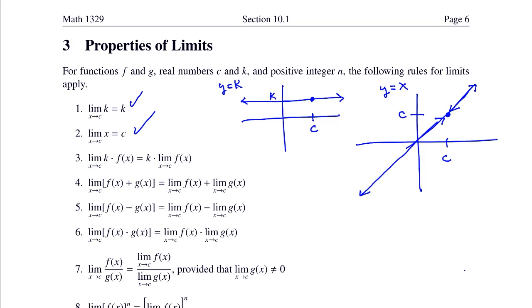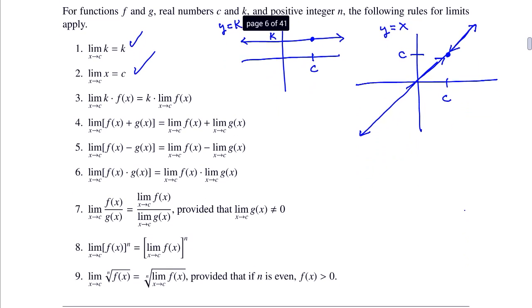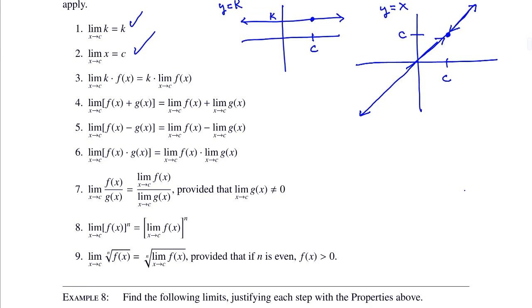Okay. These are the basic building blocks for doing limits. The next ones I'll just sort of talk about the properties of these limits. Property number 3 says the limit as x goes to c of k times a function f of x is equal to k times the value of the limit as x goes to c of f.